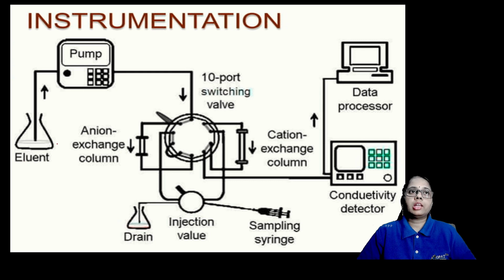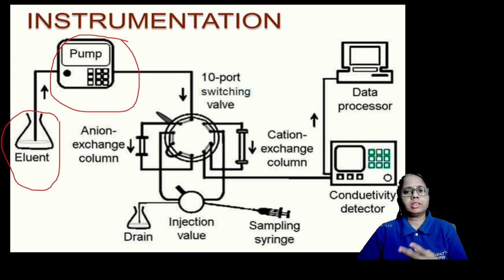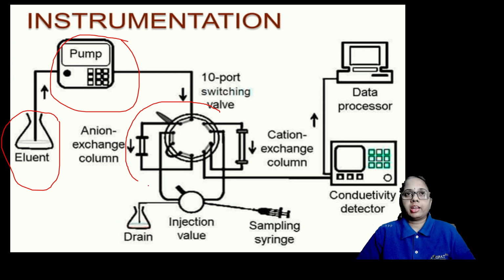The eluent, which is nothing but the mobile phase, is pumped through the system by a pumping system. Pneumatic pumps, reciprocating pumps and similar pumping systems are available, and from the pump the mobile phase travels into the column. This is either an anion exchange column or a cation exchange column, used based on the properties of the compounds.